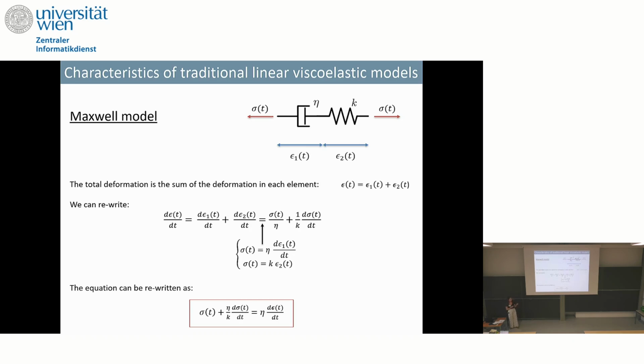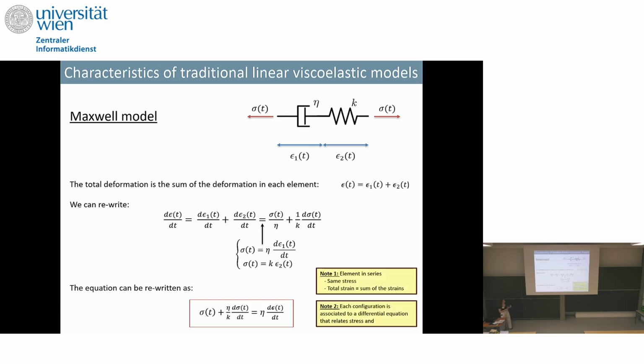This is just a way to help us understand how they behave, to give us some intuition. But what we are really interested in is this one. This is helpful, but then we need this to compute. So these two little notes: when we have elements in series, they always have the same stress, and the strain is going to be the sum of the two strains.